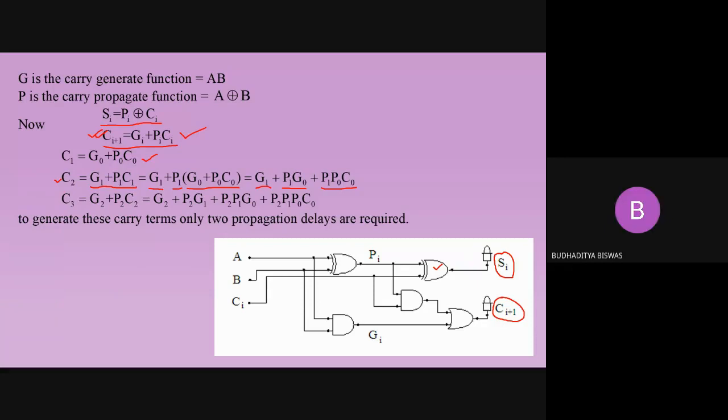Okay. Now in the same expression, if I equal to 2, then it becomes C3 equal to G2 plus P2 C2. Again replace the value of C2 from the above expression. It becomes G2 plus P2 G1 plus P2 P1 G0 plus P2 P1 P0 C0.